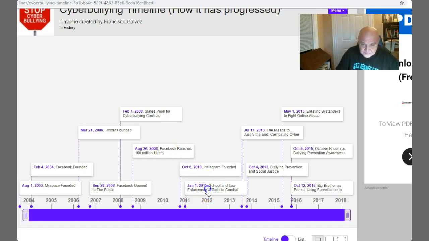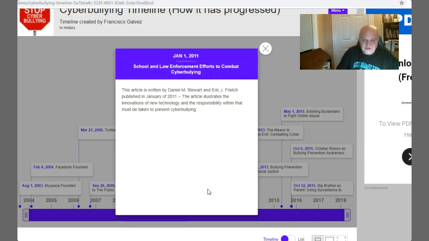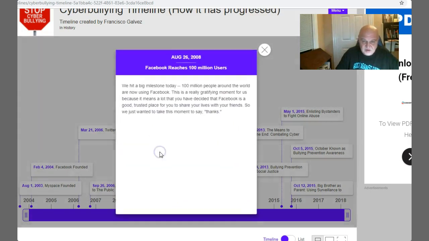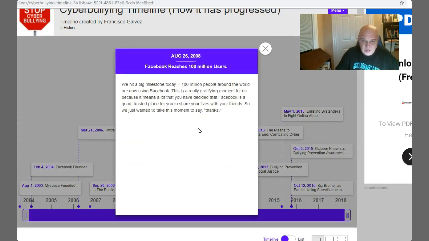Instagram, and July 1st, 2011, we have the possibility of cyberbullying. 100 million people in 2008 are using Facebook.